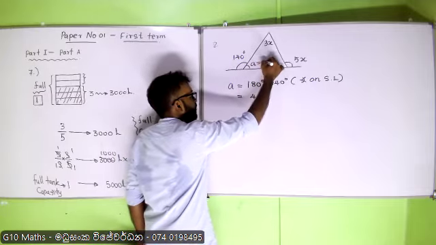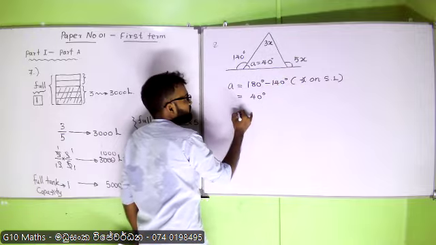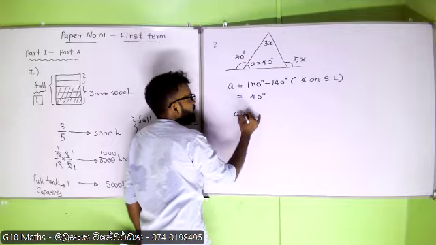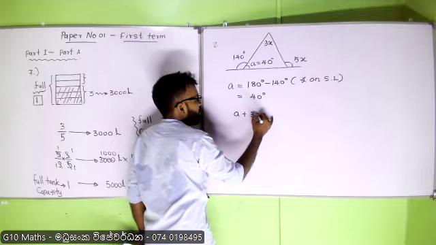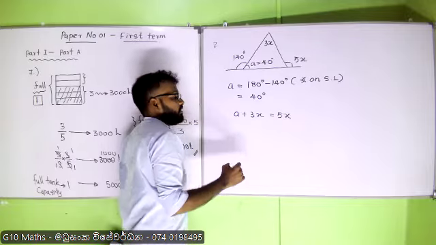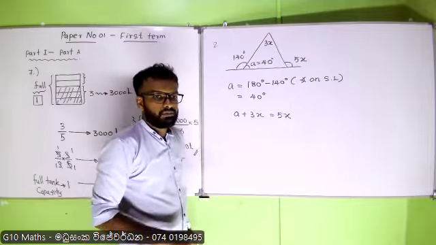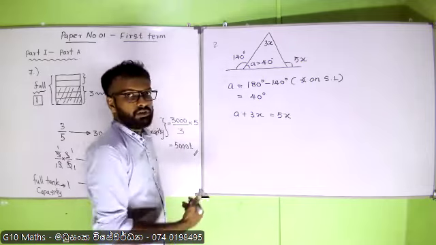You know this now, so you can write the value for 5x. That means A plus 3x equals 5x. And I told you the exterior angle theorem can be applied vice versa, forward and backward.